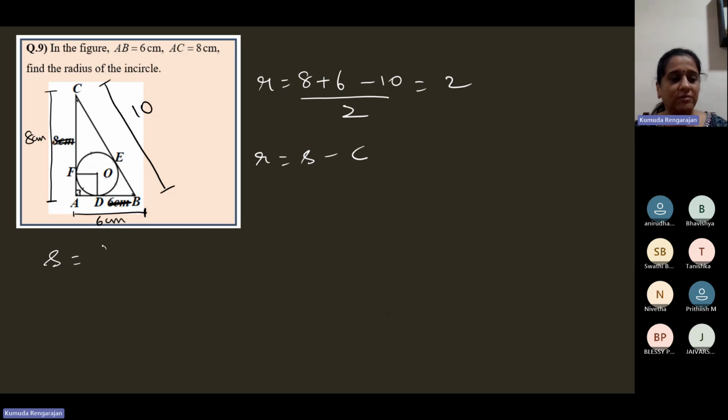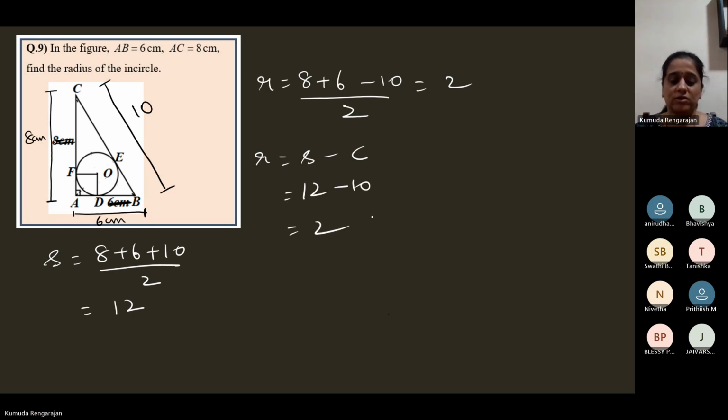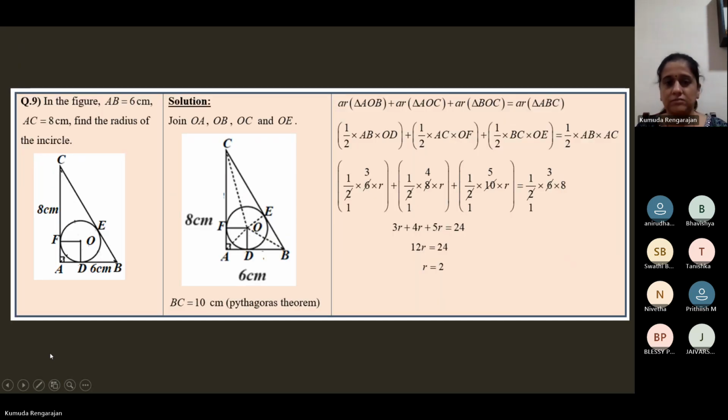Semi-perimeter, which is 8 plus 6 plus 10 divided by 2. 24 by 2, 12. So 12 minus hypotenuse 10, 2. I've done it in a different way here.